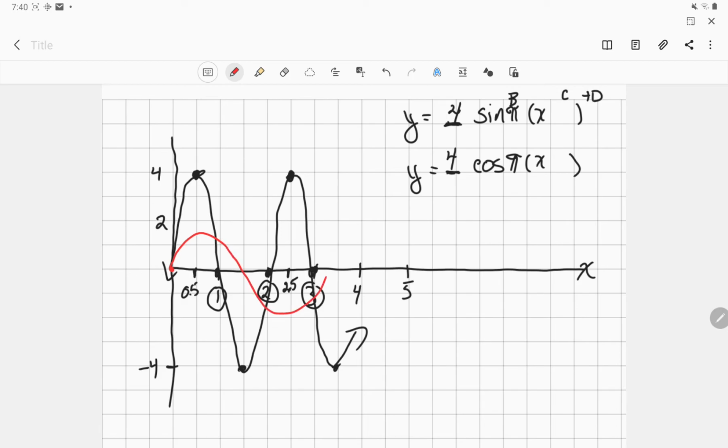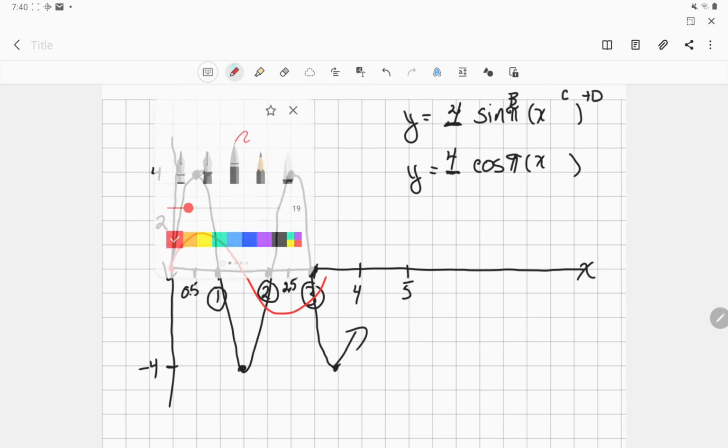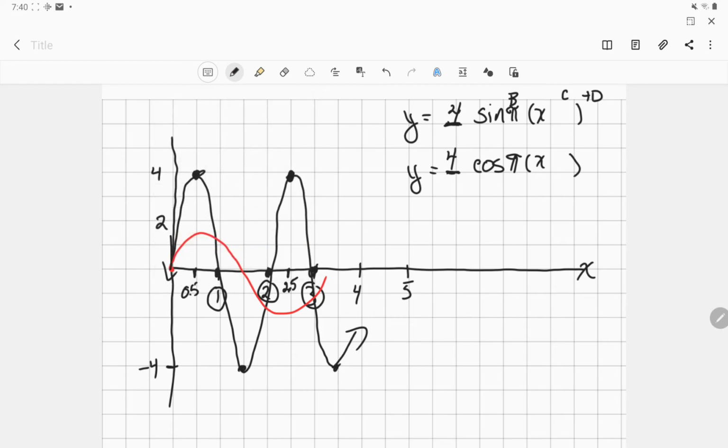That's what a sine wave looks like. All right, so this actually does that. It starts at 0. It goes up and down and back up, which means it hasn't actually been moved at all. So again, there is no C. So this, right here, is the equation if that's a sine wave.